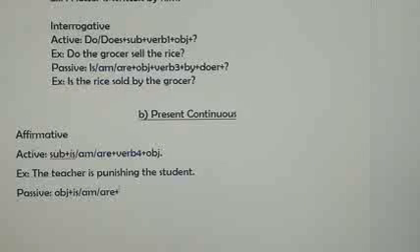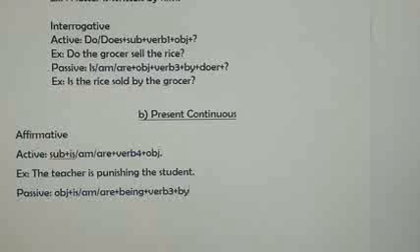Then I will use being. Then we need to use the third form of verb. As I have already told you, in the passive voice we always use the third form of verb. Then we will use by, and then doer.